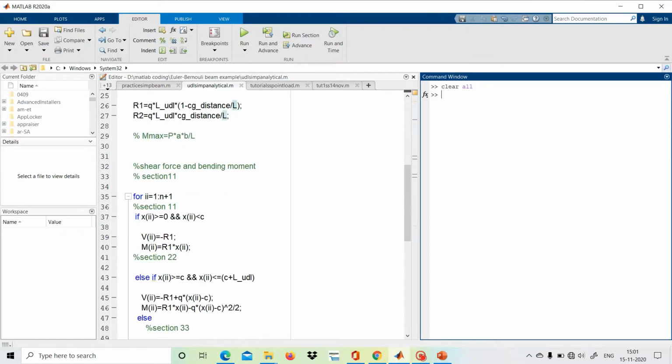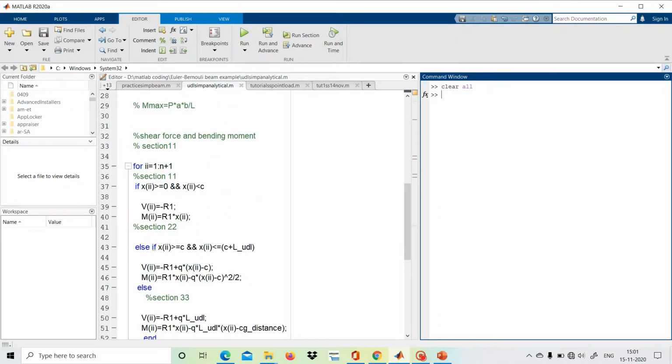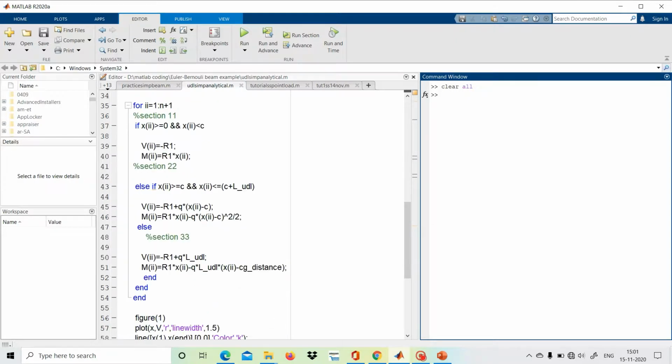Else if the load lies in section 2, that is x is greater than or equal to C and x is less than or equal to this value, then the shear force would be this value and the bending moment this value. And if this is not the criterion, the section lies in the third part, section 3, then the shear force would be this and the bending moment this much.